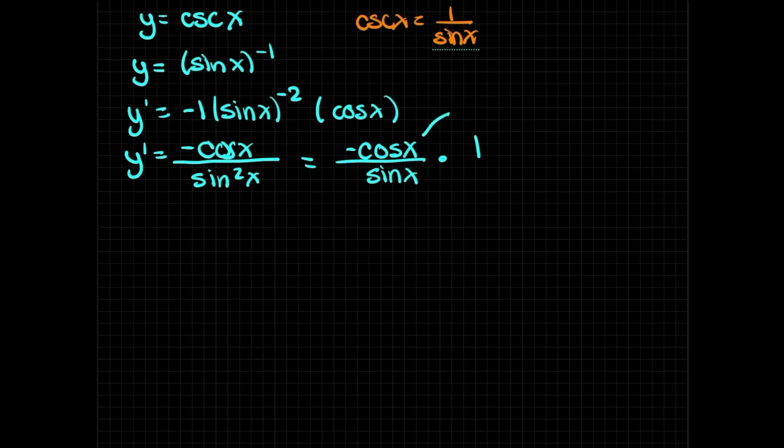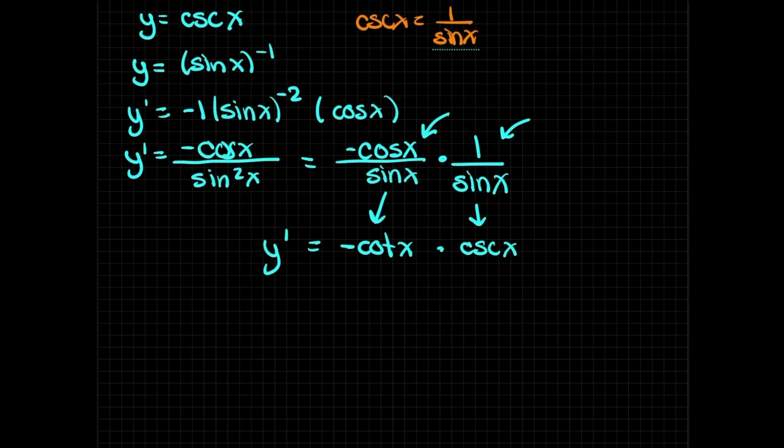So this was my quotient identity, and this is going to be my reciprocal identity, 1 over sine x. Negative cos x over sine x is equal to negative cotan x, and this will be times 1 over sine x, which is cosecant x. So our derivative for this is equal to negative cotan x cosecant x. You always can reverse those around as well. It doesn't matter.